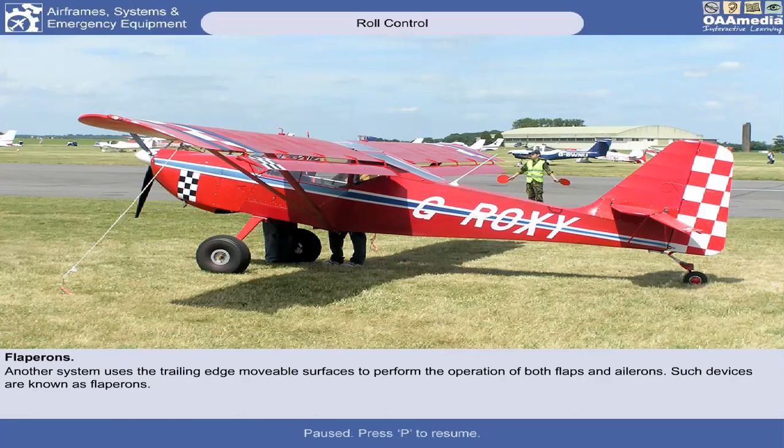So kadalasan natin ginagamit ang flaps during takeoff, climb, or also during approach and landing. Because during takeoff and landing, yun yung instances wherein we need to have a greater amount of lift being generated doon sa ating wing.